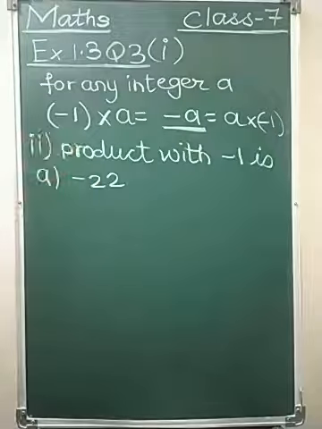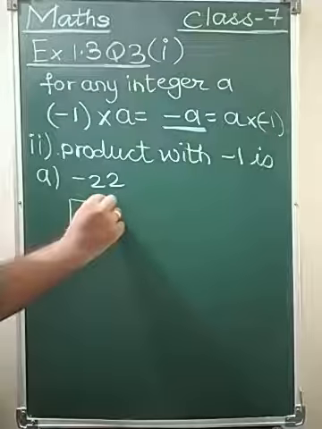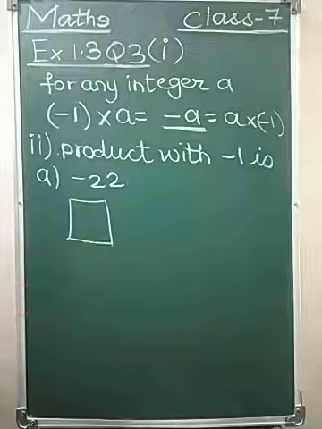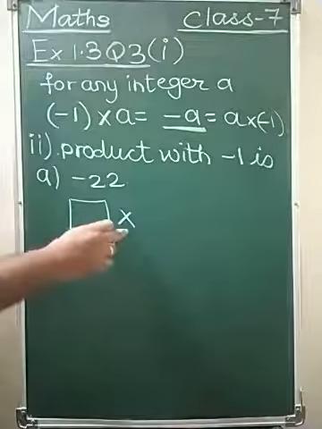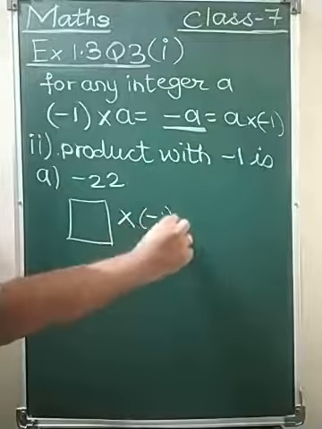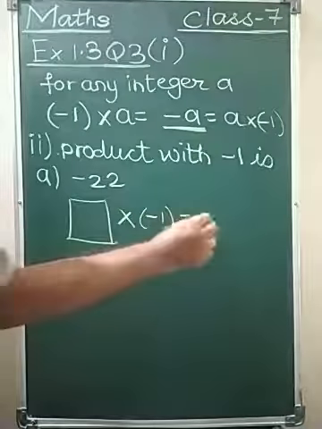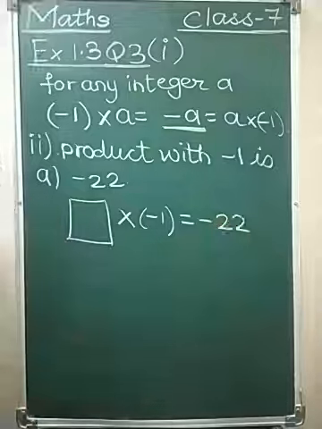What does this mean? Product with minus 1 is minus 22. That means you have to take an integer in this box. An integer should be there. If you find the product, meaning multiplication with minus 1, the answer should be minus 22.